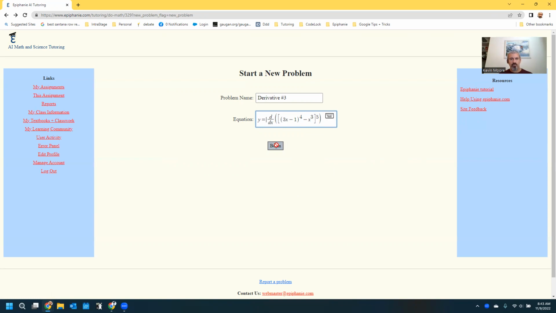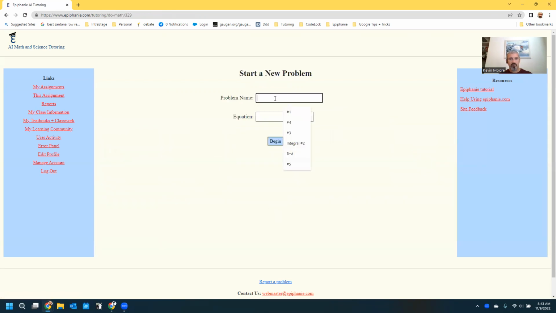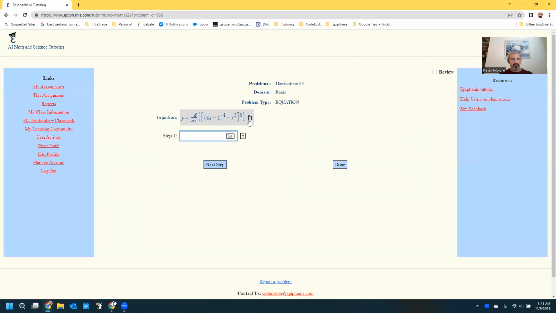So I've added the y equals. Oh, it's not going to let me do this just yet, is it? I'm going to go back to this assignment, and I'm going to add a new problem here. Derivative number 3. Let's paste that and begin. Okay, take 2.